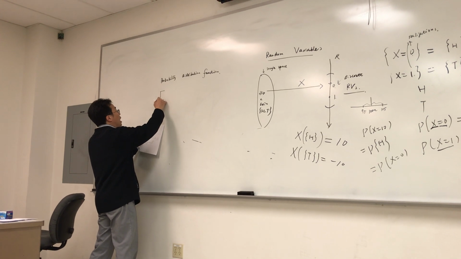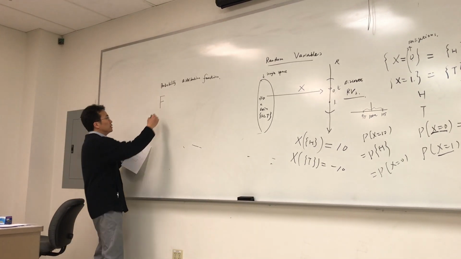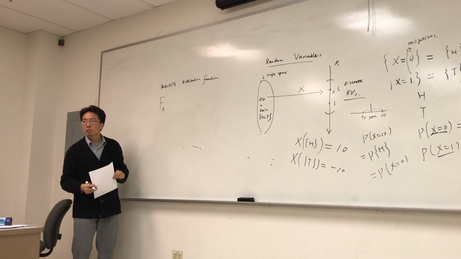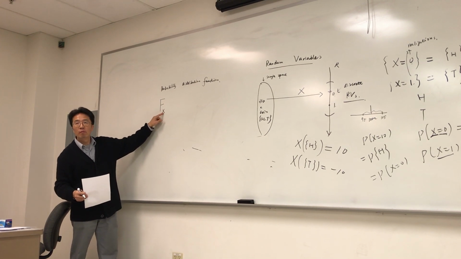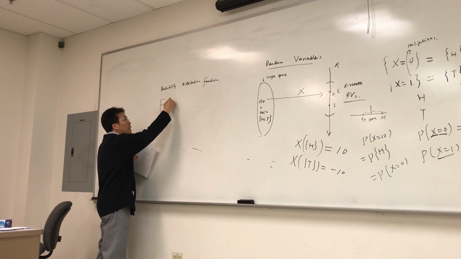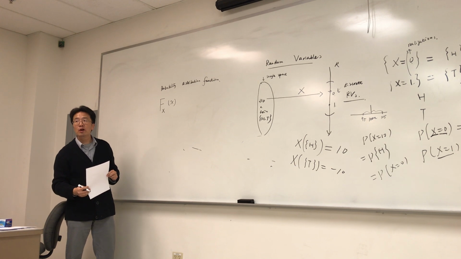Here, uppercase F, and then the subscript uppercase X represents the random variable, okay? And inside, the independent variable actually represents specific realizations.